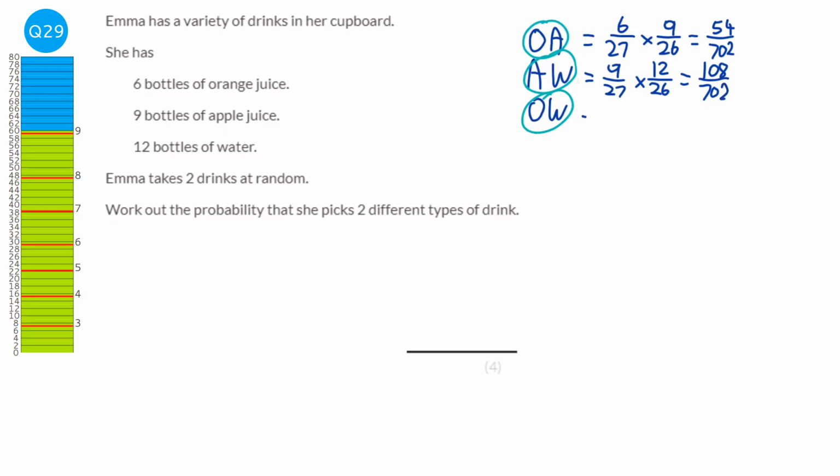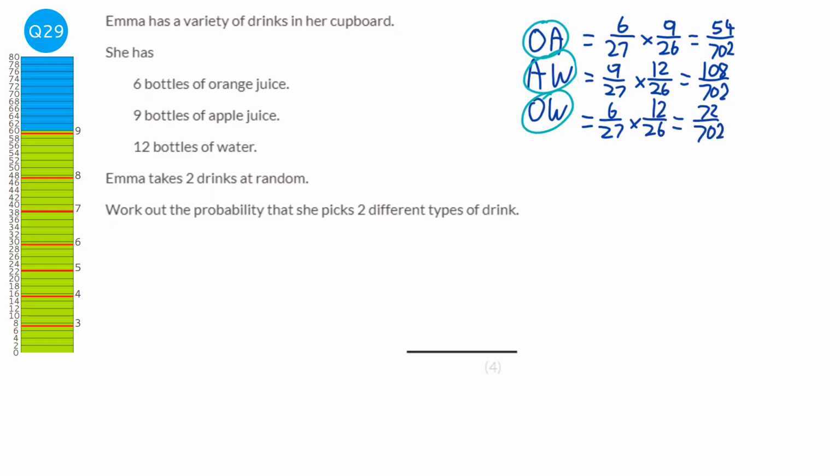And then orange juice then water will be 6 over 27 and 12 over 26, and that would be 72 over 702.